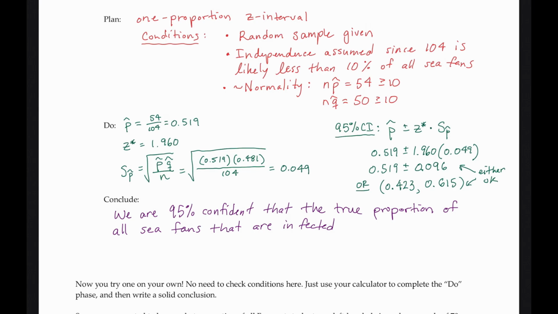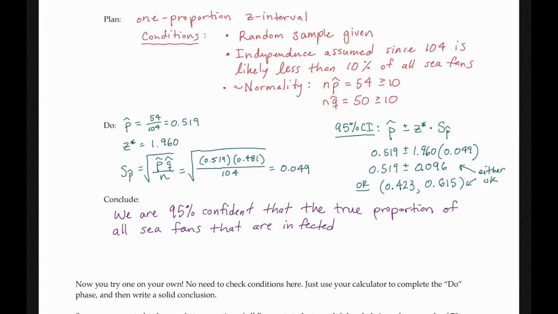Note that I'm bringing the context in here. What was the whole point of doing this? The whole point was to try to capture the population's proportion, the true proportion for the whole population, all C fans. And I did it with just a sample. So my conclusion is not about my sample at all. My conclusion is about the population. And I'm bringing the context back in.